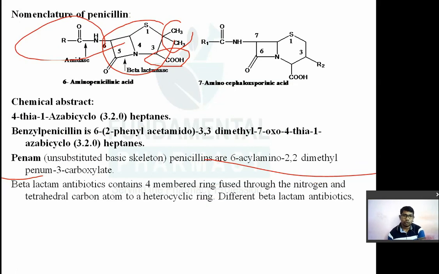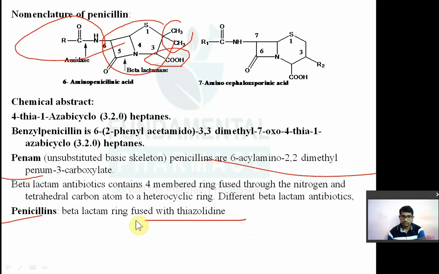Beta-lactam antibiotics contain a 4-membered ring fused with a nitrogen and tetrahedral carbon atom to a heterocyclic ring. How many different beta-lactam antibiotics are there? First, penicillins. In this the ring system is important, and questions come on it. In penicillin, the beta-lactam ring is fused with the thiazolidine ring.